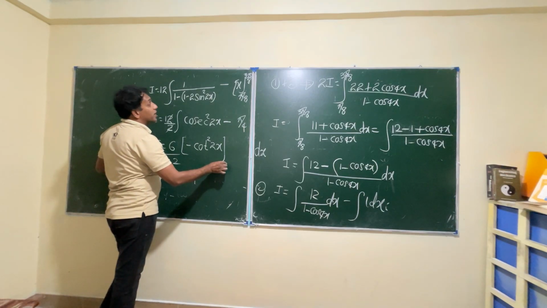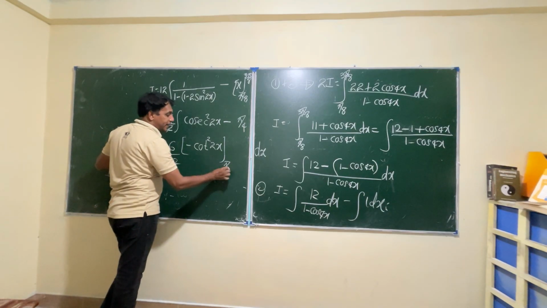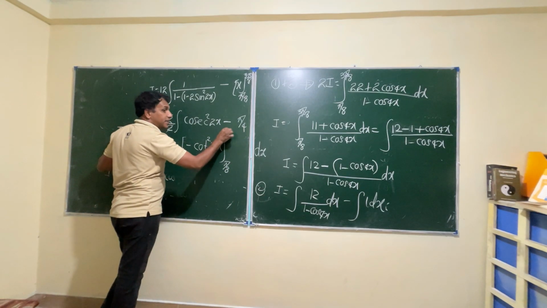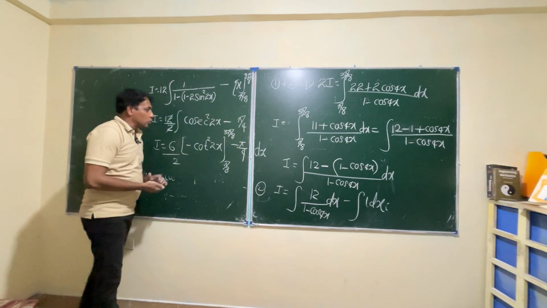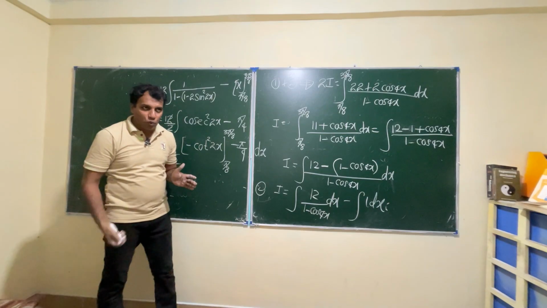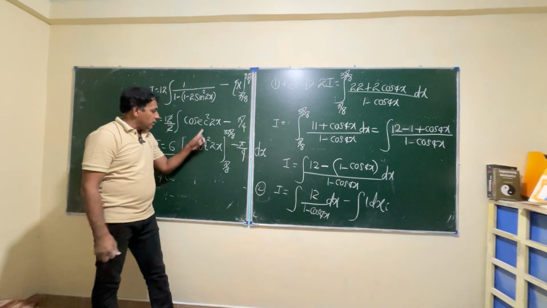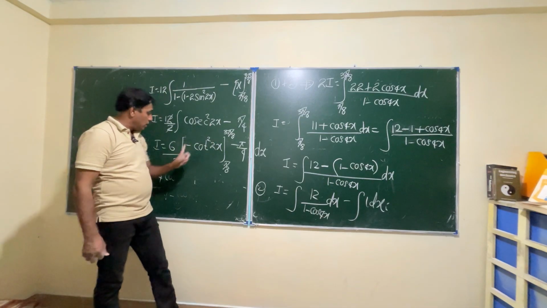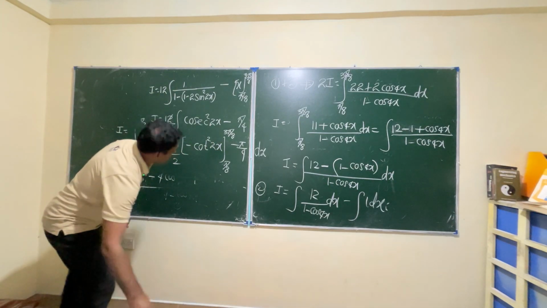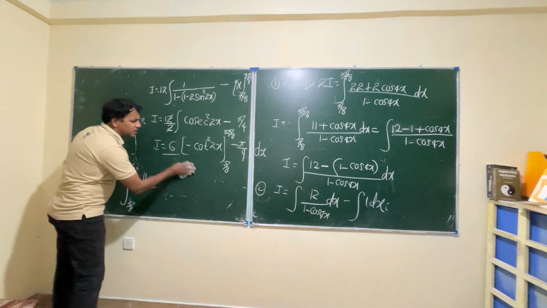And boundary, upper boundary 3 pi by 8 here, pi by 8 here, and negative pi by 4, right? Cosec square integration is minus cot x, check the value there for this one. And you know this, differentiating 2x is 2, put the half here, so you can simplify and find the answer.